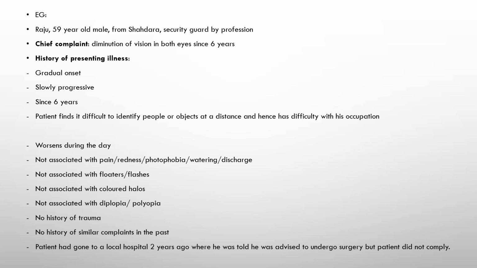So you'll be able to see through the periphery as well, not just from the central visual axis, right? So this gives you a very important information that whatever is the pathology, it's lying in the visual axis or right in the center.